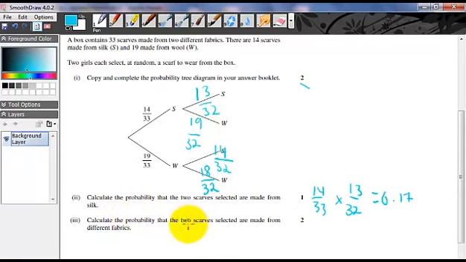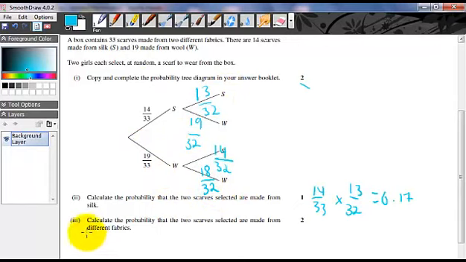Calculate the probability that the 2 scarves selected are made from different fabrics. Right? They're to be made from different fabrics. Well, then can you see it has to be SW and WS? Because if they're the same fabrics, you're going to get silk the first time and silk the second time, or wool the first time and wool the second time.